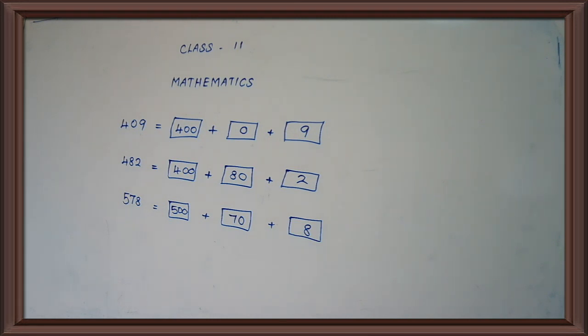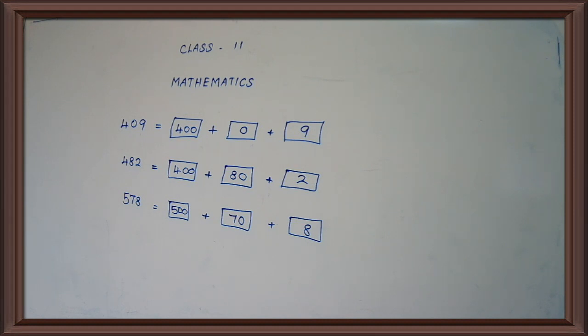Okay, see the first one. How many ones is here? 9. Then how many tens is here? 0. So no value. Then how many 100 is here? 400. Okay. Then see the G question.